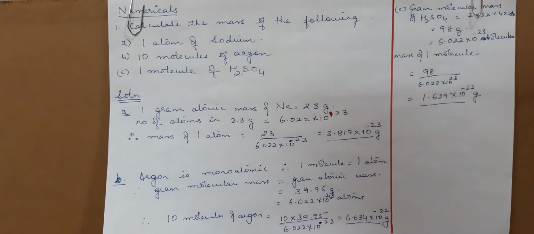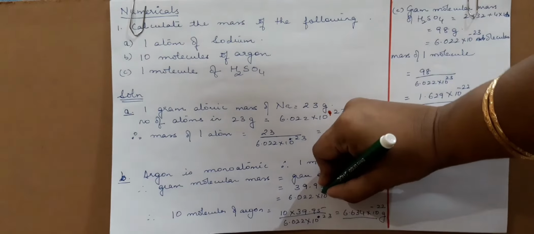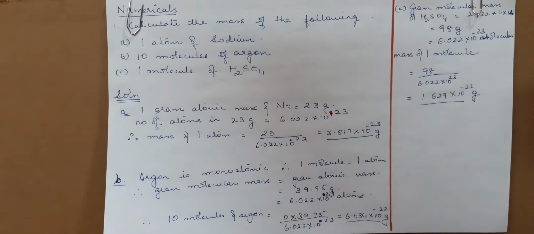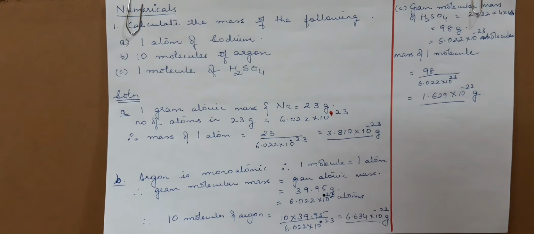Now, 39.95 grams of argon would contain 6.022 into 10 to the power 23 atoms. Right? So 10 molecules of argon would contain how much? 39.95 divided by 6.022 into 10 to the power 23, into 10.